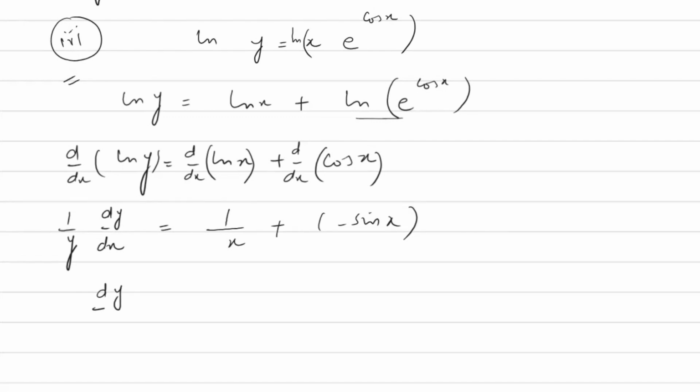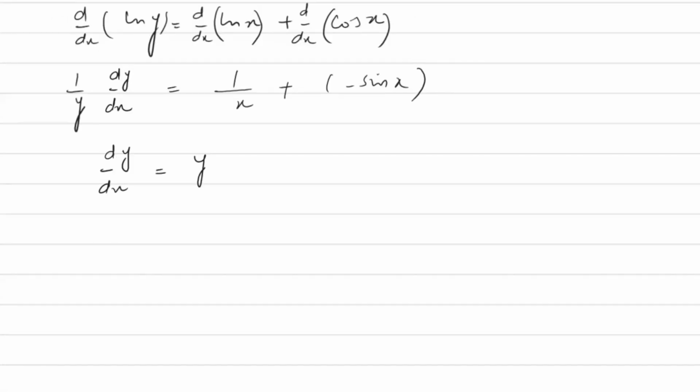So dy by dx is equal to y into 1 upon x minus sin of x. And here the y value is x e raised to the power cos of x.